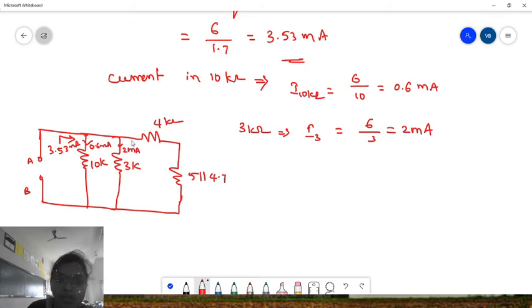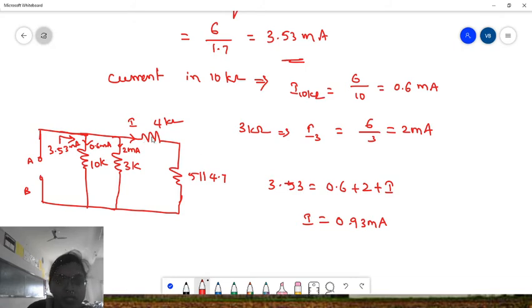So the remaining current should flow here. Let us take that current as I. Then total current, 3.53, should be equal to 0.6 plus 2 plus I. So what is I here? You solve that, you will get 0.93 milliamps.